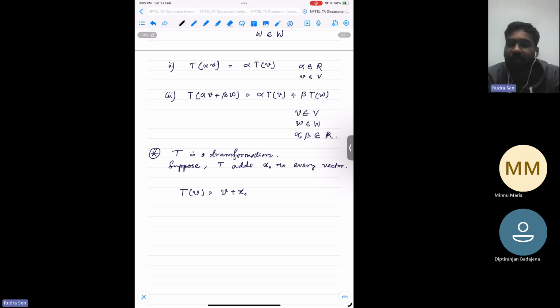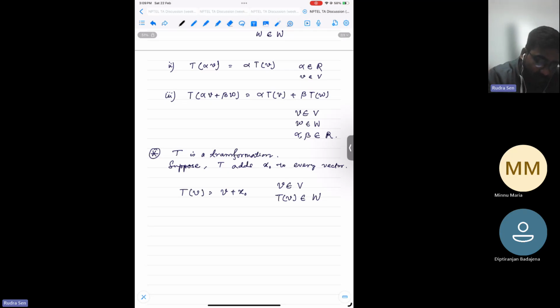So this is the transformation that I'm saying. V is a vector which lies in some vector space V, and TV is another vector which lies maybe in the same space, maybe in a different space, I don't know. So I'm saying it lies in some space W.